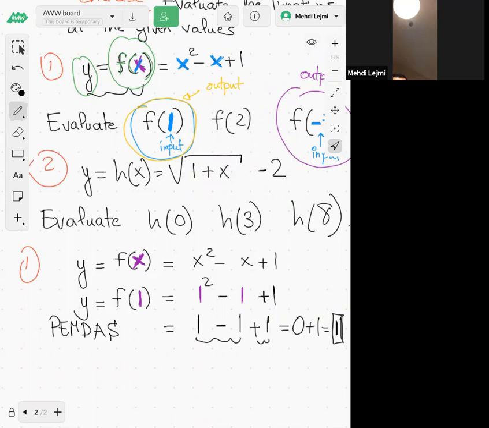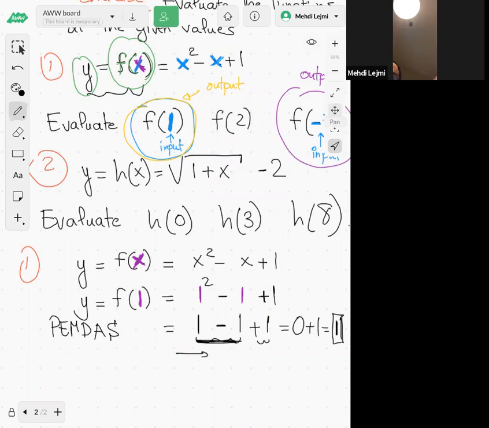Okay, any questions, guys? So with the PEMDAS rule, when you have subtraction and addition at the same time, you go from left to right. So you do the 1 minus 1 first, and then the plus 1.